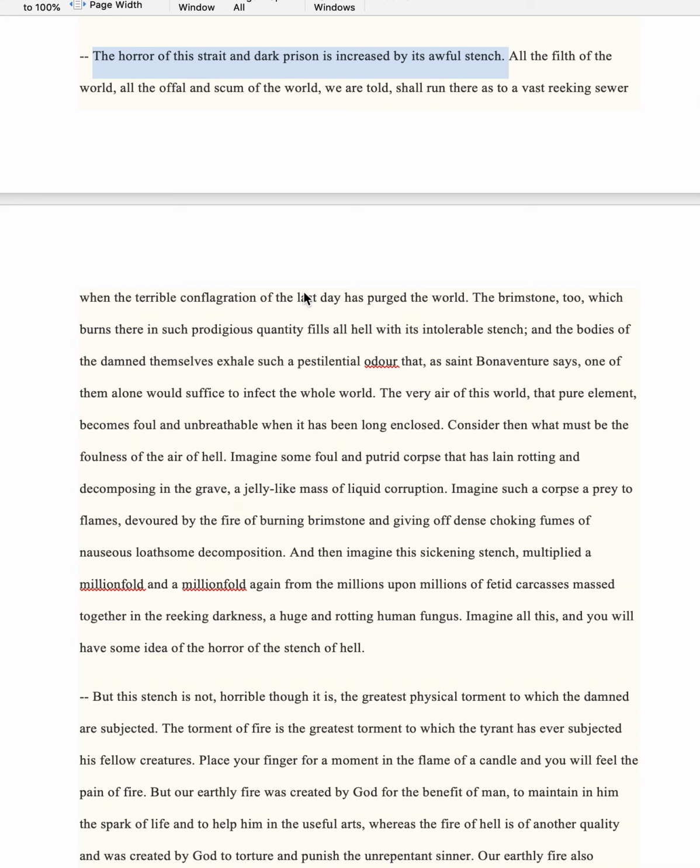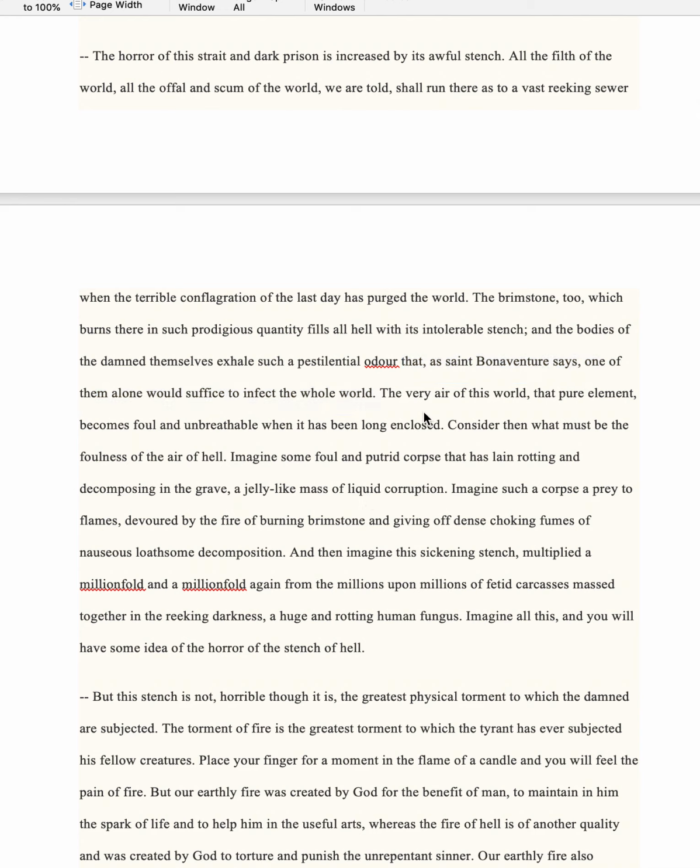If you just look at the word choice here: vast, reeking sewer, terrible conflagration, purge, brimstone, intolerable stench, bodies of the damned, pestilential odor, infect the whole world. There's a use of hyperbole here, exaggeration to make a point that the smell of one body can infect the whole world. So what about all the bodies in hell?